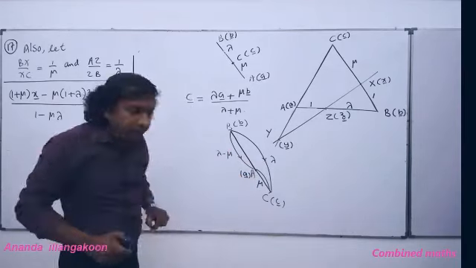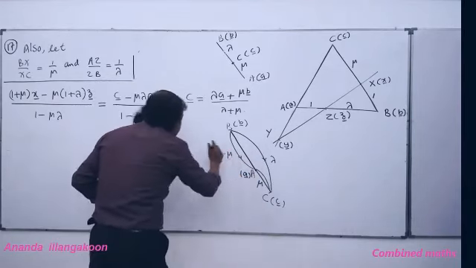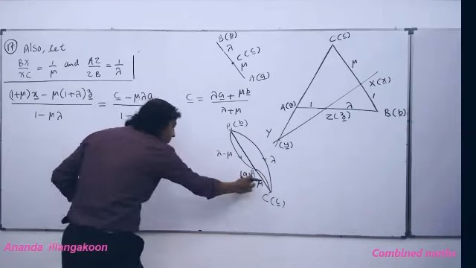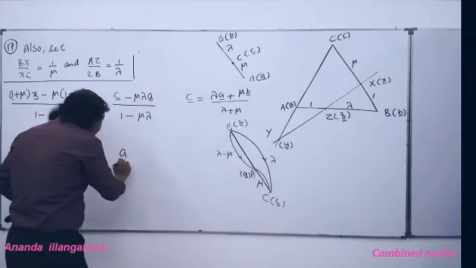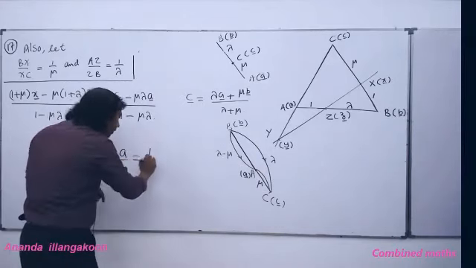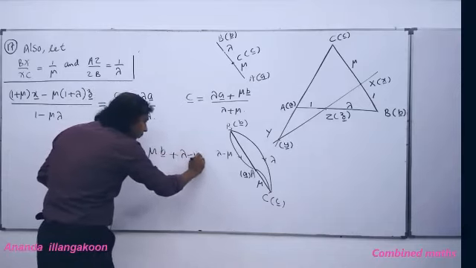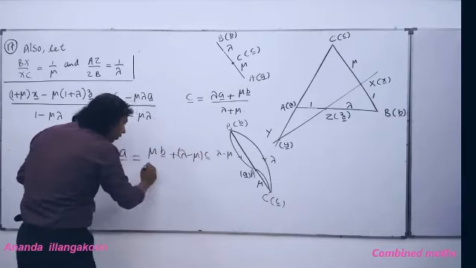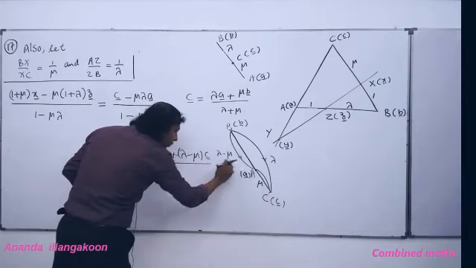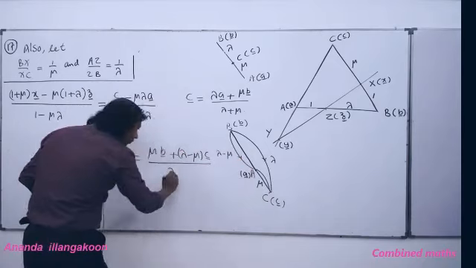I do this suddenly. How? Mu times B plus lambda minus mu times C, divided by the sum of the ratios, lambda minus mu plus mu means lambda. So simple A vector is equal to mu times B plus lambda minus mu times C over lambda.